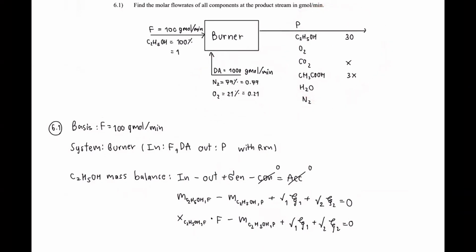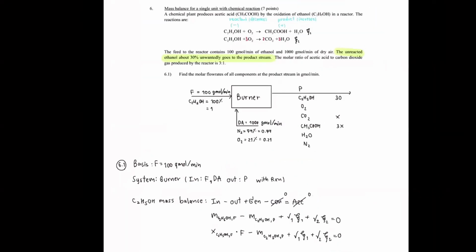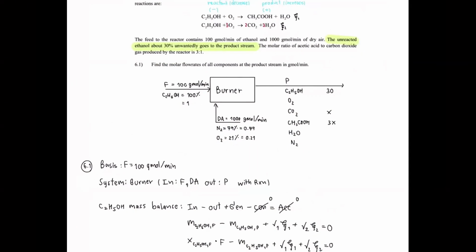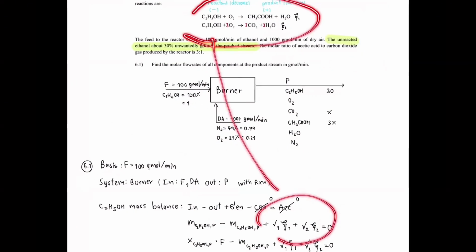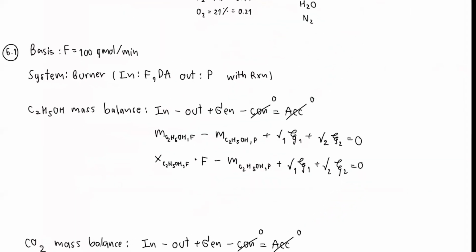So I will do the ethanol mass balance first. In minus out plus generation minus consumption equals accumulation. Consumption is 0. Accumulation is 0. So it is the moles of ethanol in the F stream minus the moles of ethanol in the P stream plus nu 1 psi 1 plus nu 2 psi 2, because ethanol is in both chemical reaction equations.